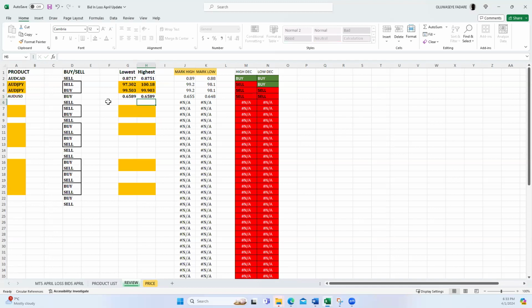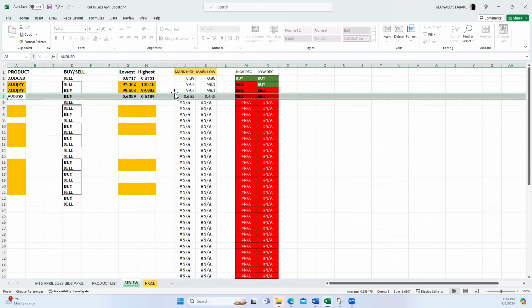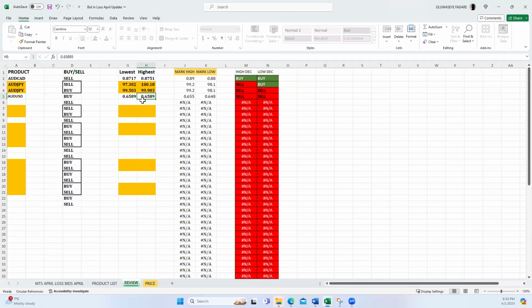So it's a sell. Currently AUD USD is a sell. At this point, what we need to do is we start buying at 0.6589. If the price should go above 0.6589, then it's going to commence our buying position, and it's going to buy all the way to the end of the month.